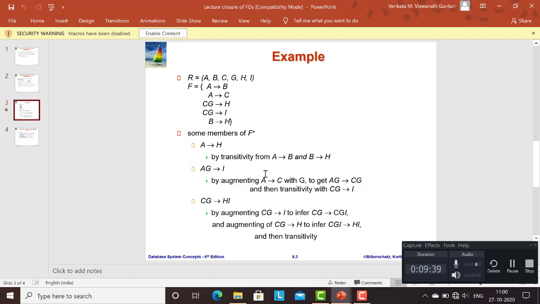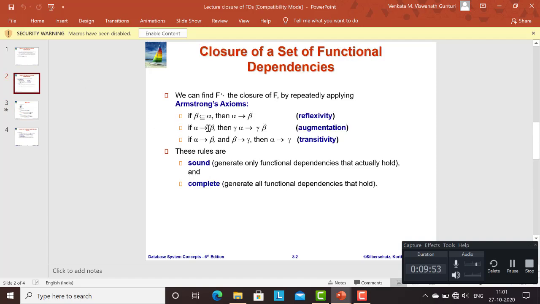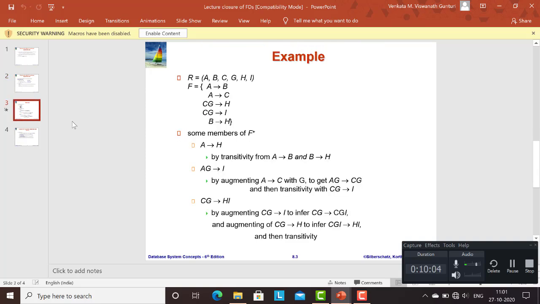So we start with the functional dependency A implies C, right? And then let's say I augment it with G on both sides. You remember the augmentation rule? If A implies B, then I can augment any set of attributes gamma on both the right and the left side, and the functional dependency still holds.